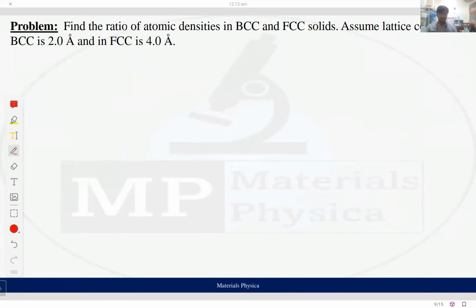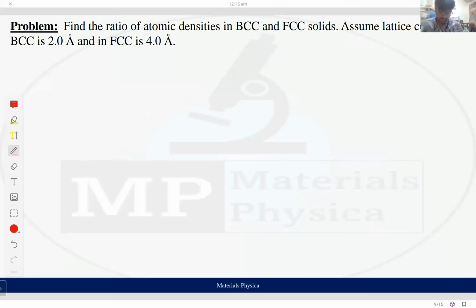Now, question: find the ratio of the atomic densities in BCC and FCC solids. Assume the lattice constant in BCC is 2.0 angstrom, and in FCC it is 4.0 angstrom. So we have to calculate the ratio of the atomic densities.